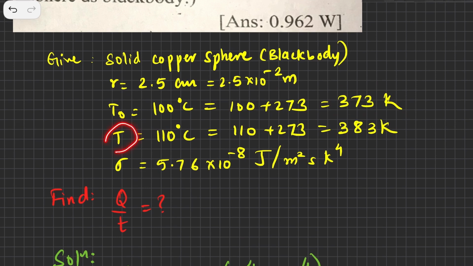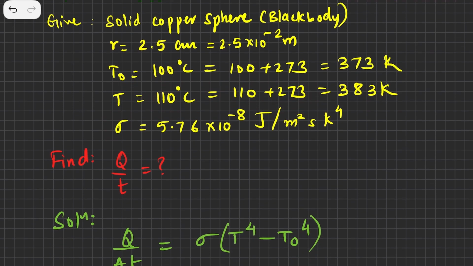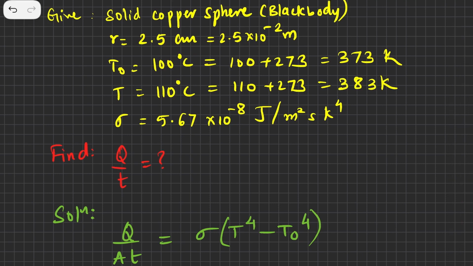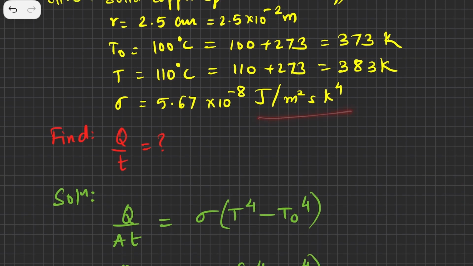Then temperature of the body is given as 110, so 110 plus 273 gives me 383, and sigma is given as 5.76. I'll just change this value to 5.67 into 10 raised to minus 8. Now this is in proper system of units, so not a problem.